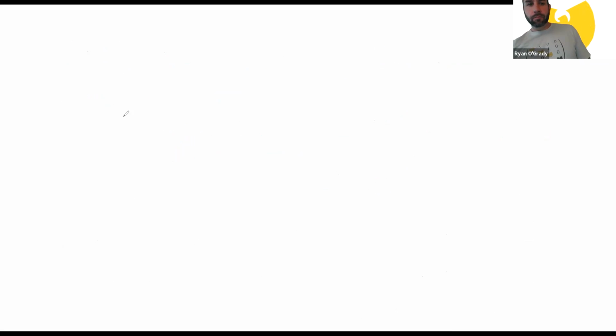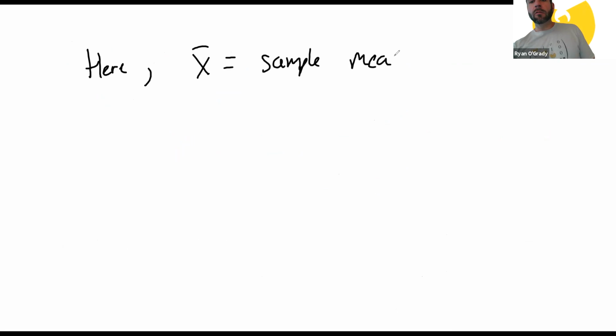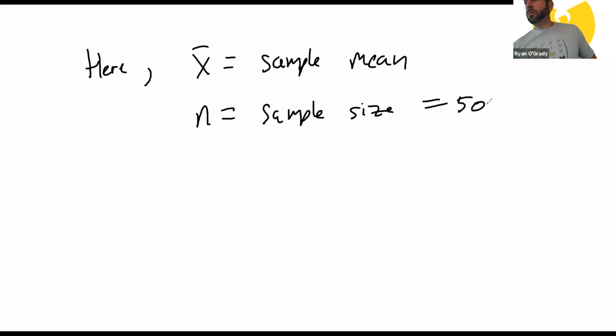So here, x bar is the sample mean. N is the sample size. And of course, in this problem, the sample size was 50. We told you that. And then what are we thinking our sample mean is?